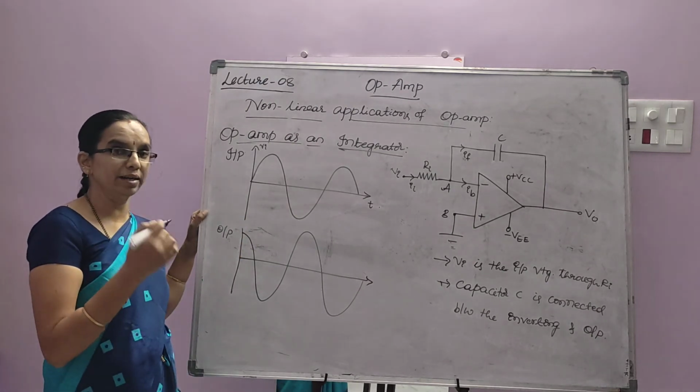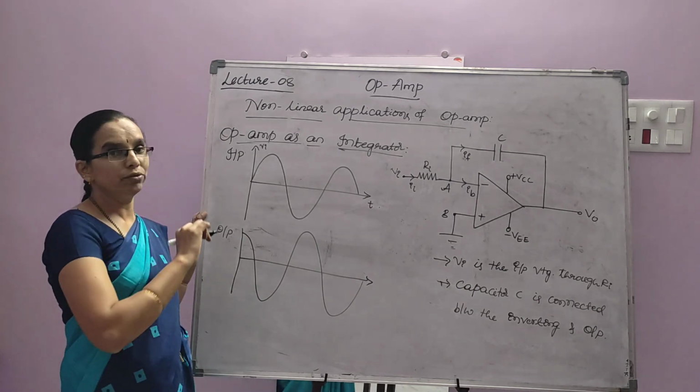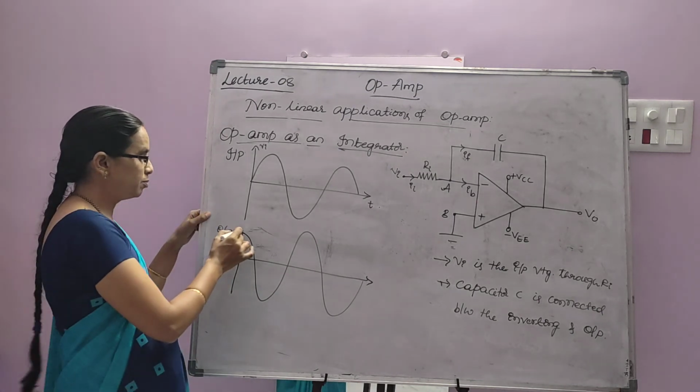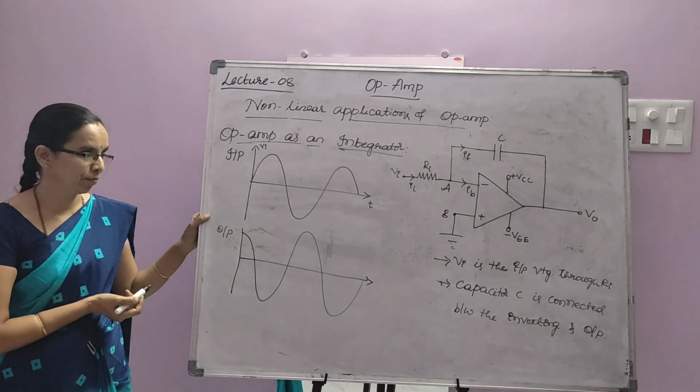Integration of sine is minus cos, but the inverted sign, the minus sign, is already there, so it will start from the positive peak.